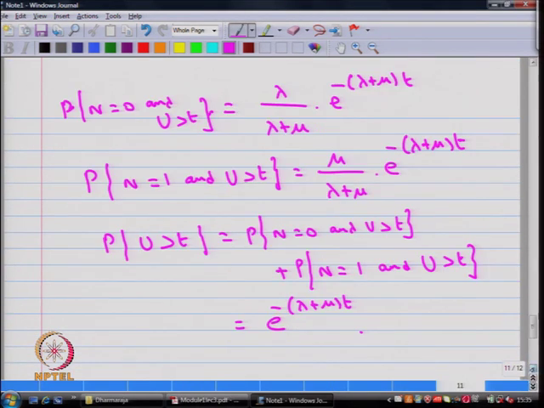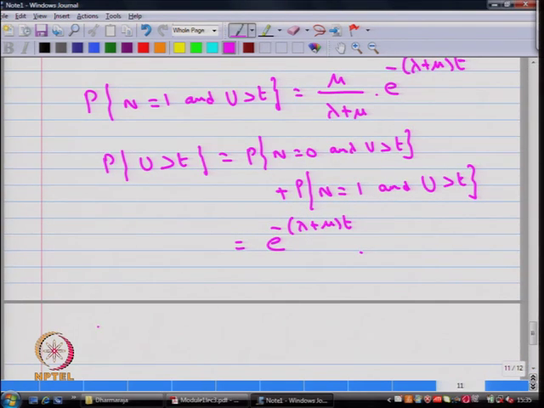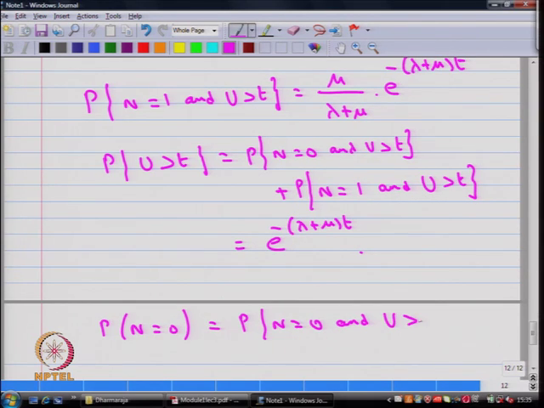We can find out the probability of N is equal to 0 using the probability of N is equal to 0 and U is greater than 0. Since t is greater than or equal to 0, the probability of N is equal to 0 you can compute from the probability of N is equal to 0 and U is greater than 0. That means, you substitute t equal to 0 in the previous result.